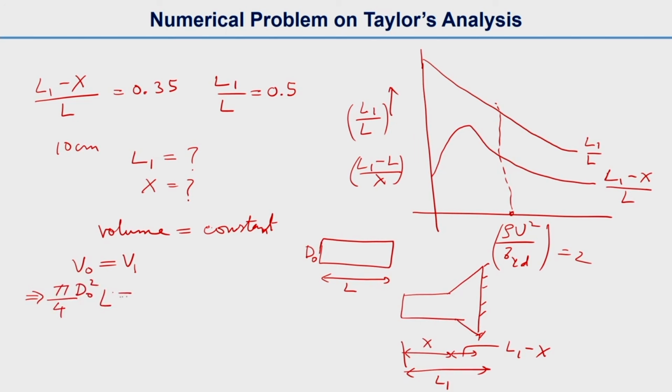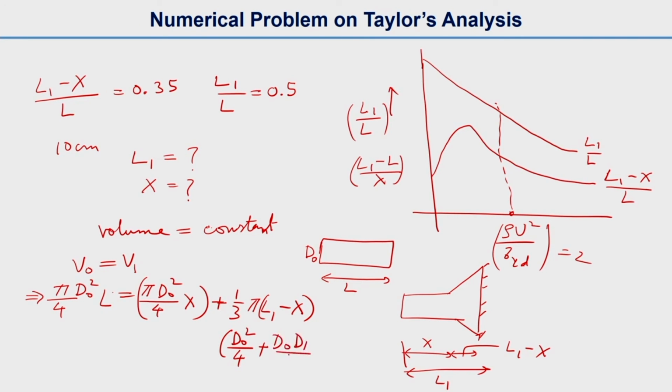Pi d naught square L is equal to pi d naught square by 4 x. So you can do the calculations by yourself, that is even given in the book. So this will be (L minus x) multiplied by (d naught square by 4 plus d naught d1 by 4 plus d1 square by 4), where d1 is the final diameter.